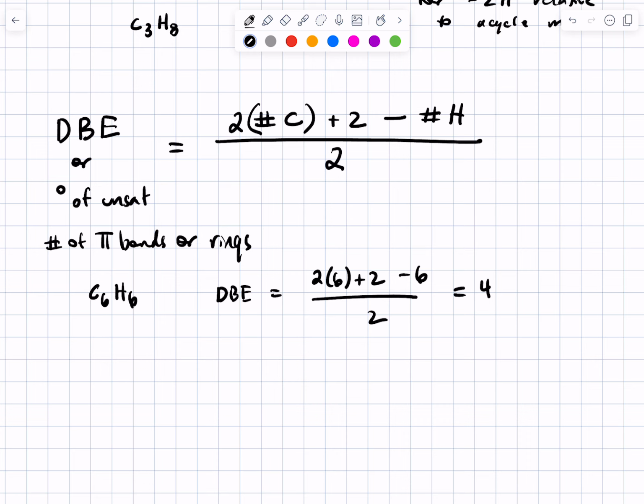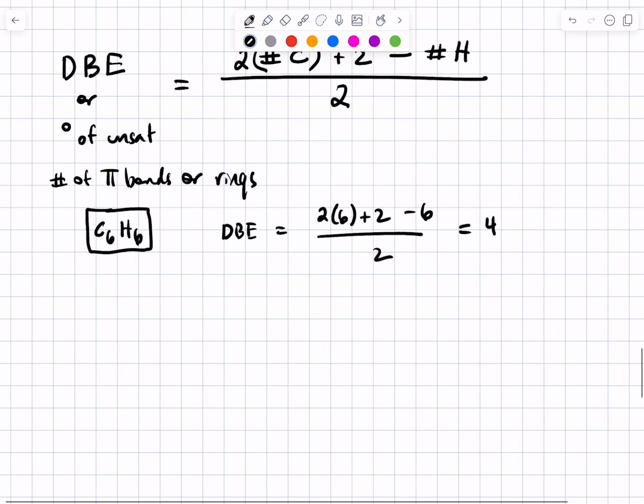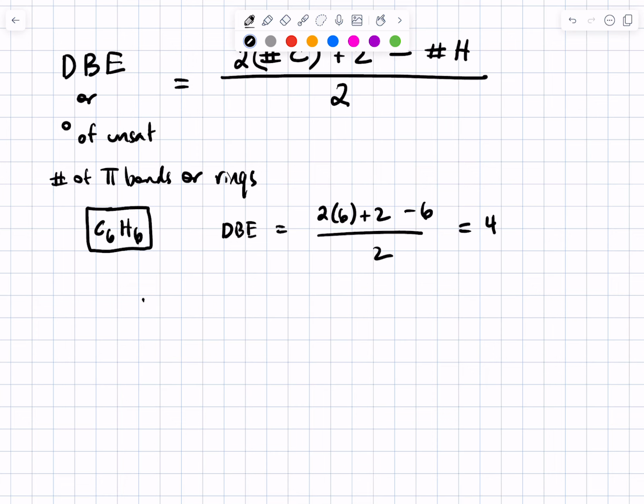That means a molecule with the molecular formula of C6H6 must have either 4 pi bonds or rings. Now, it turns out there's actually only one way you can do that in a molecule that only has 6 carbons and 6 hydrogens. This is benzene. Count the degrees of unsaturation, 3 pi bonds and a ring.